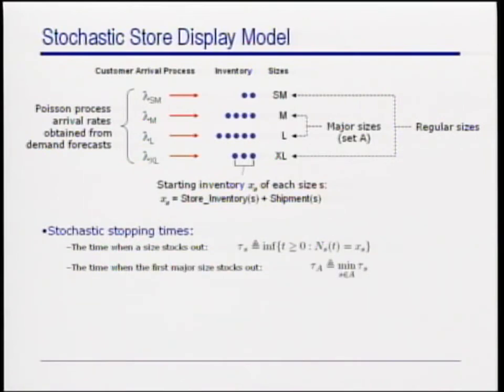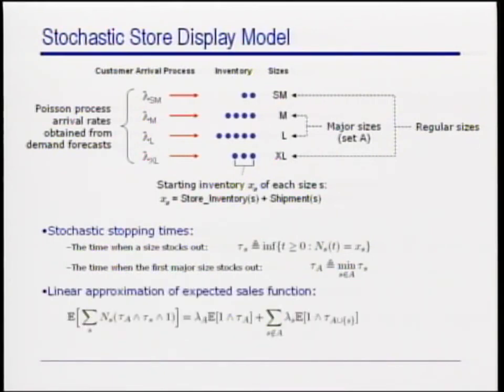Likewise, for the first major size stock out, the stock out time can be defined as the minimum of the previous size stock out time across all of the major sizes, again, in this case, medium and large. The expected sales for the entire article can then be calculated as the sum across all of the sizes of the cumulative demand counting measure for each size evaluated at the minimum of the 3 stopping times I just defined.